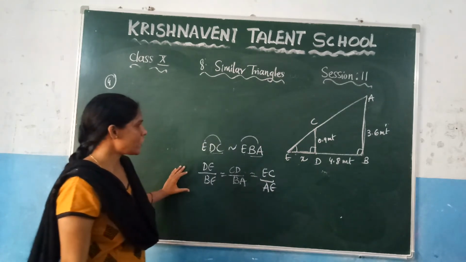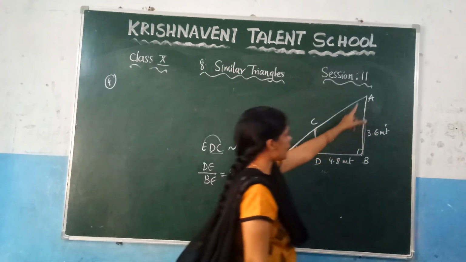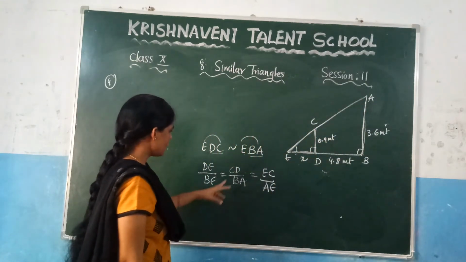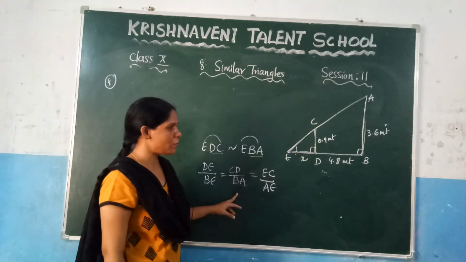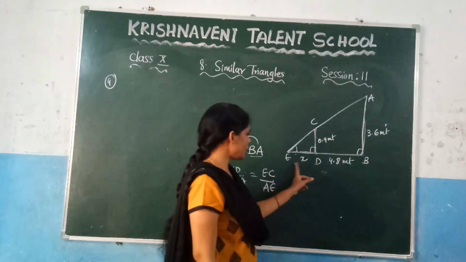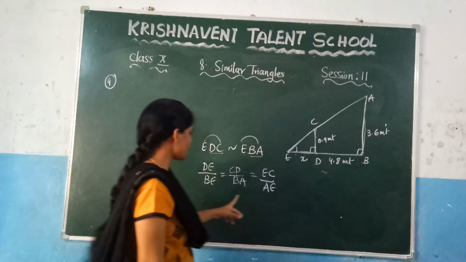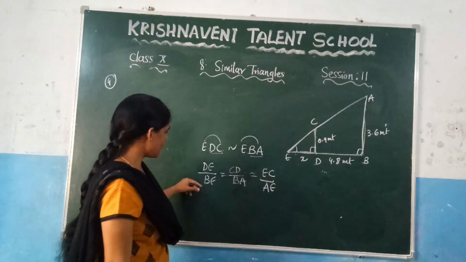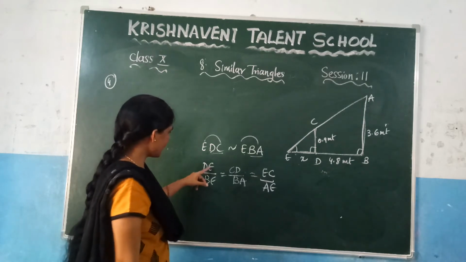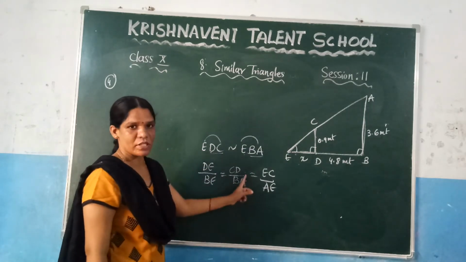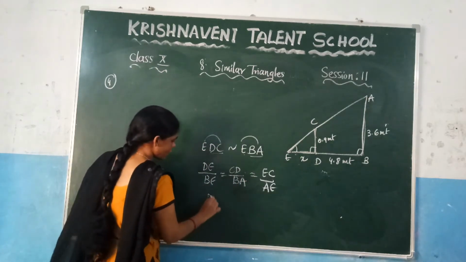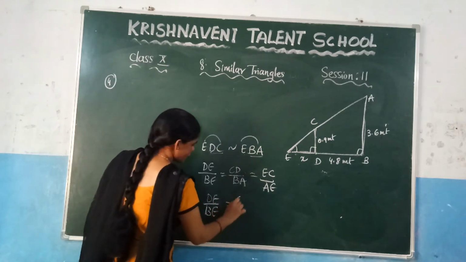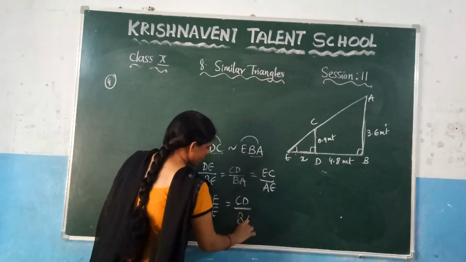The values we have known are AB and CD. Where are AB and CD? Here AB and CD. And after that you know ED and DB. Where are ED and DB? Here ED and DB. So you can choose this equation: DE by BE is equal to CD by BA.